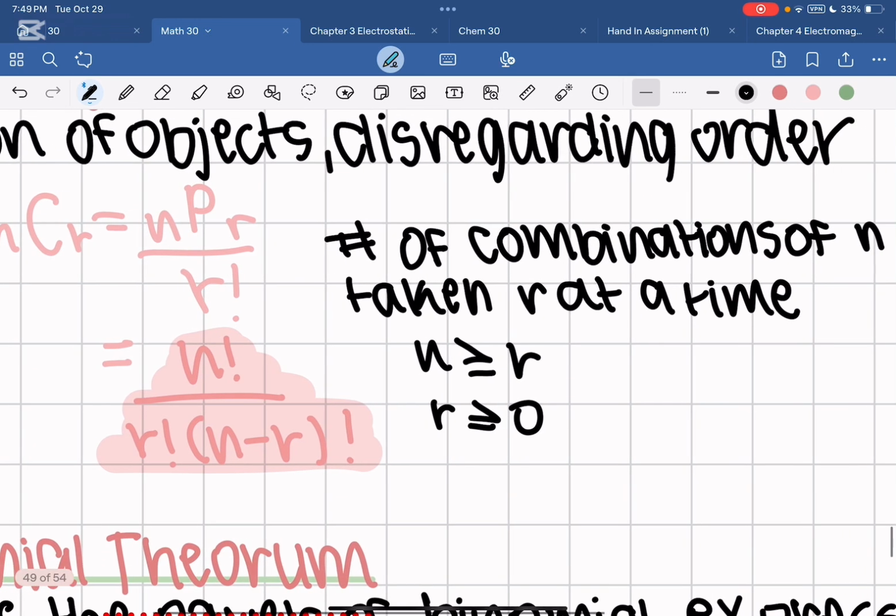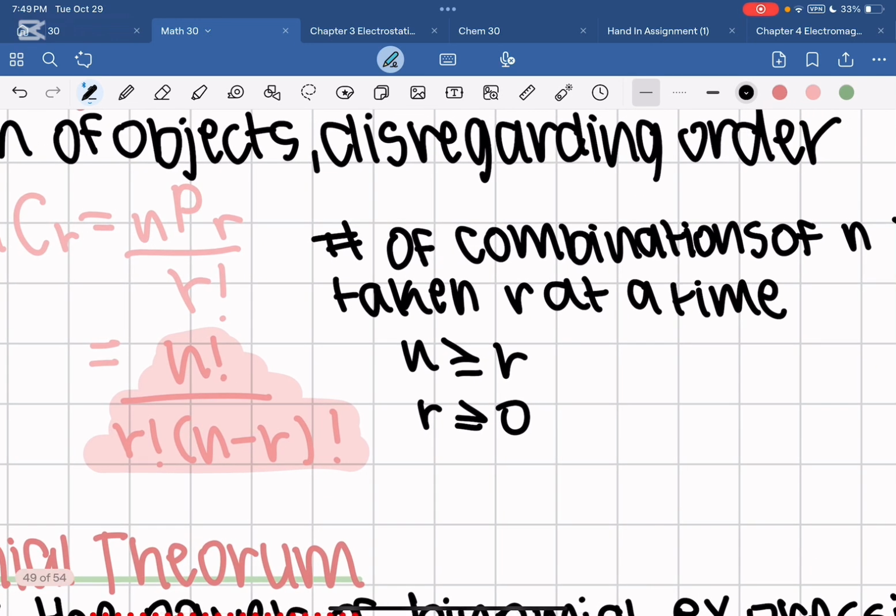R has to be bigger than or equal to 0 because of the fraction. Because 0 factorial is equal to 1, R can't be any negative number; that just doesn't exist in Perms and Combs. So you shouldn't be getting any negative numbers for your R value, or else your calculator will give you an error message.